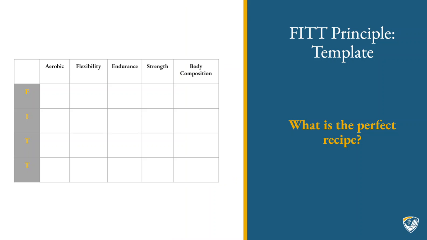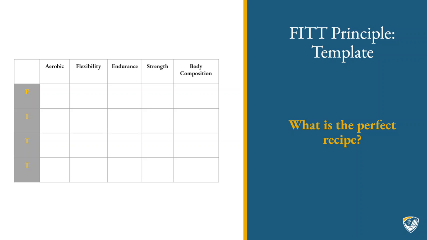So if we look at the FIT table on the left, we have our FITT in our first column, and across the top we have aerobic, flexibility, endurance, strength, and body composition. These are some of the important components that are coming into play when we're creating this FIT principle.